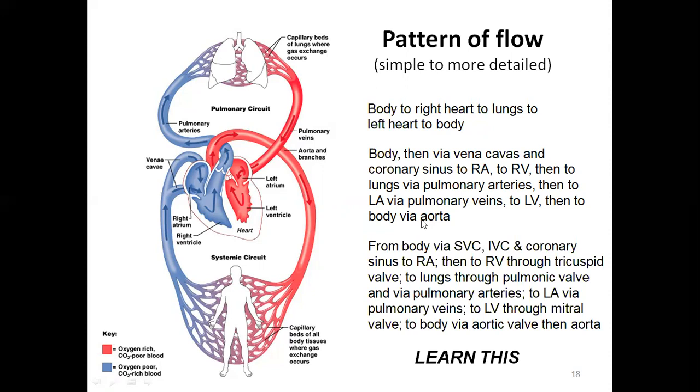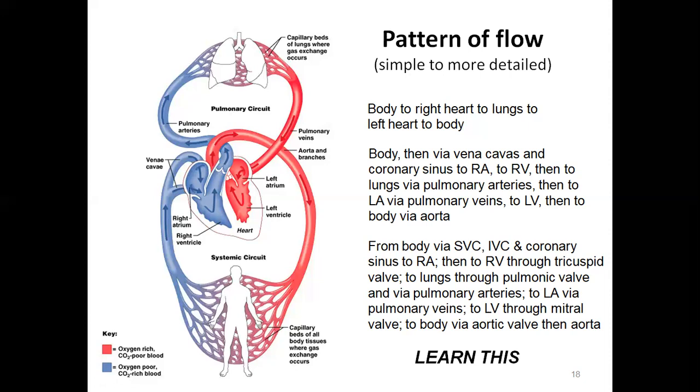So what happens: through the vena cava, which are the veins carrying the blood from the body, the blood moves to the right atrium, from the right atrium to the right ventricle, and from the right ventricle, the blood moves to the lungs through pulmonary arteries. These pulmonary arteries carry deoxygenated blood for purification. Though their name is arteries, they carry deoxygenated blood.